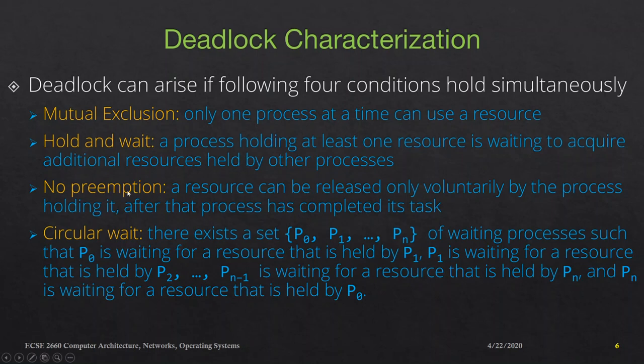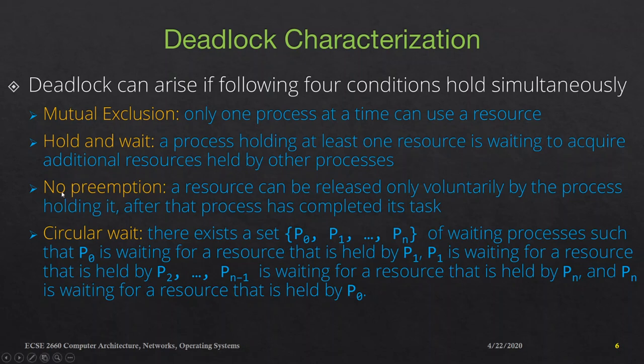Next, no preemption, so no kicking out. A resource can be released only voluntarily by the process holding it. That means that once a process acquires a resource, nobody can take it away from it unless it voluntarily gives it up. So the operating system cannot come in and say, I need that resource for a higher priority process, give it back to me.